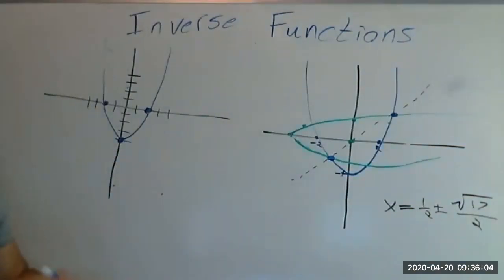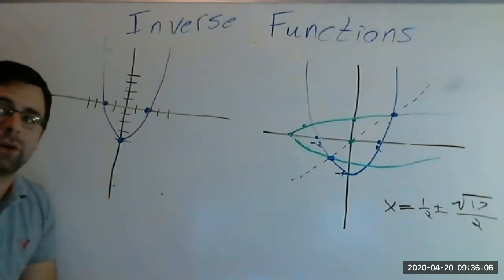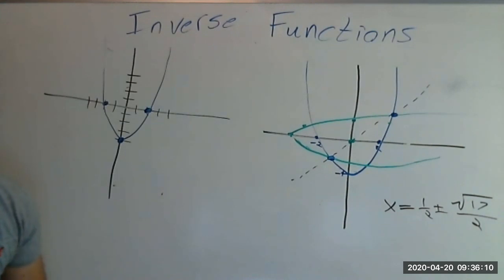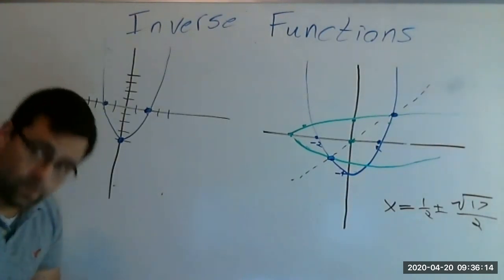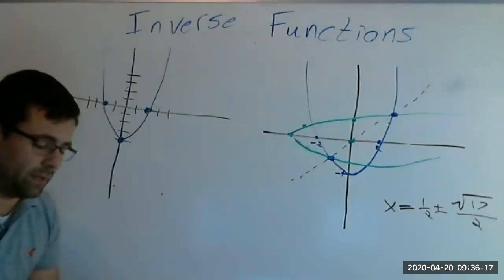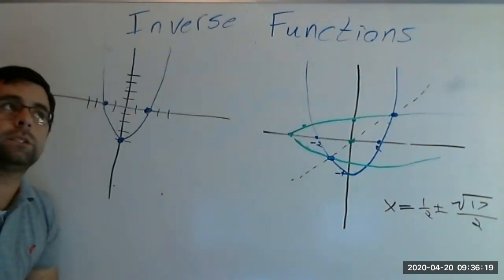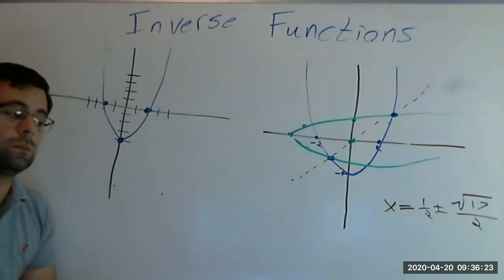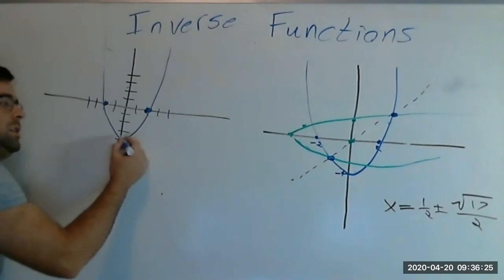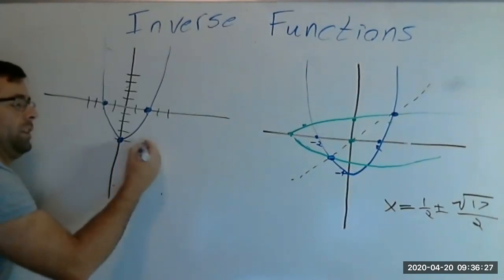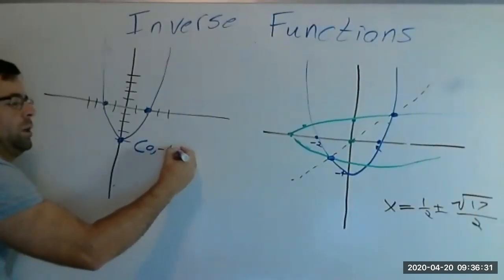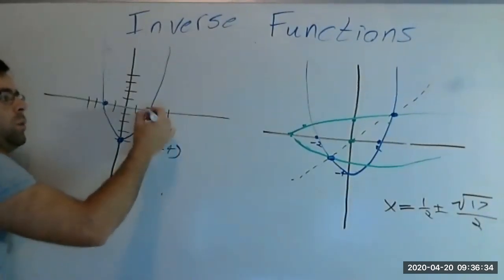So algebraically, how did we find the inverse? What did we do? Change all the x's to y's and y's to x's. Exactly. Very good. So if we have all of the points, I'll give you the point for this one. It's 0, -4. What about for that one?